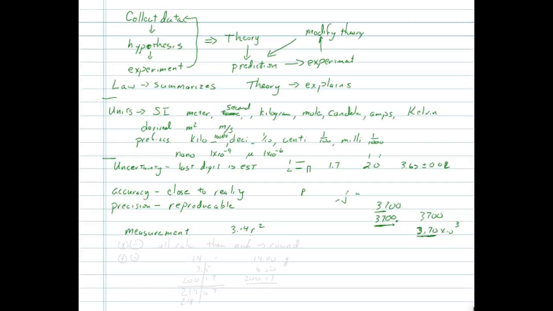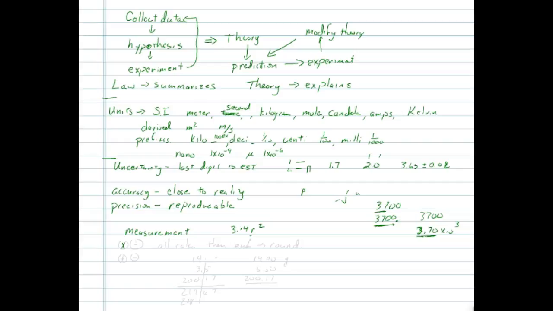This is pi. You didn't measure pi. You were given pi. If you go to a book, you can get a bigger value or better value of pi if you want. R is what you measured. R is the value that you're going to restrict your significant digits to when you calculate them.